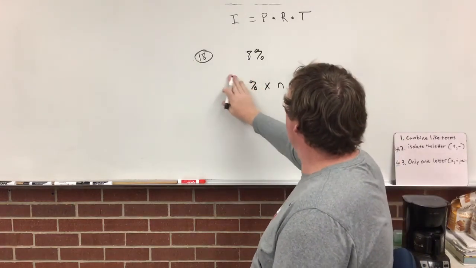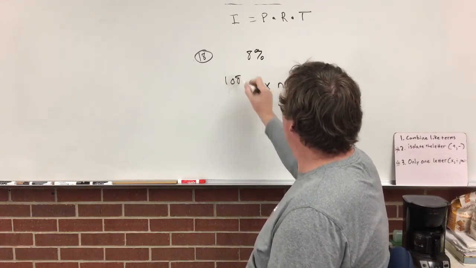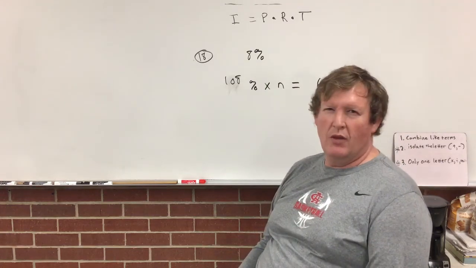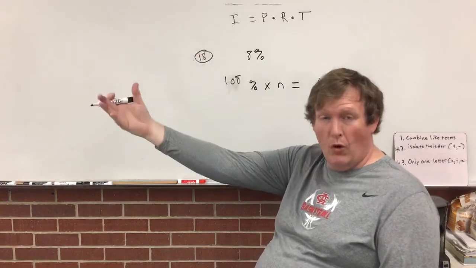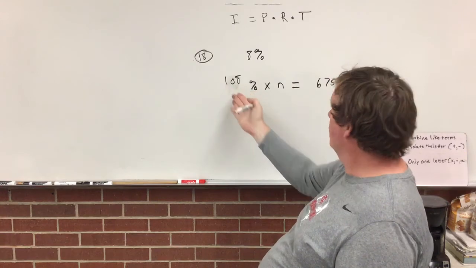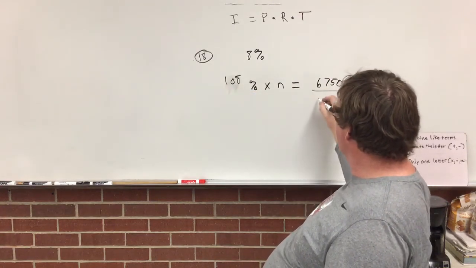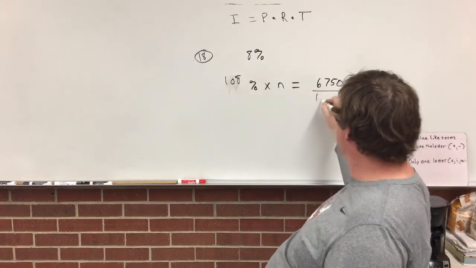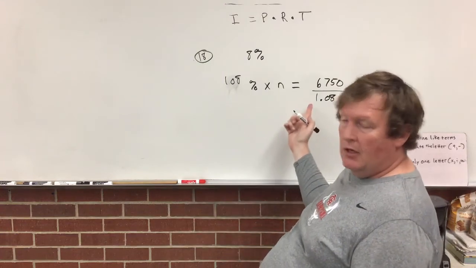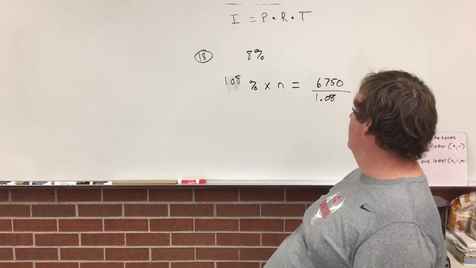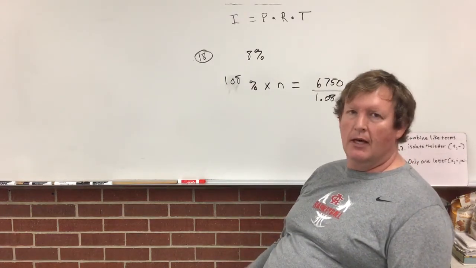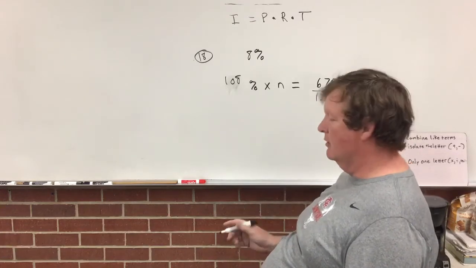No. 108% of the original will be 6,750. The reason we know that is because it's 8% more than what the original price is. So the original price would have been 100%, 108% would have been that. So in this situation, we change 108% to a decimal, which is 1.08. So, in order to find the original price, we have to divide 6,750 by 1.08. That one's kind of a tricky one. Just make sure you do that, and that will give us our answer.